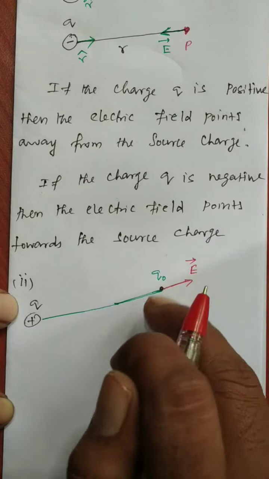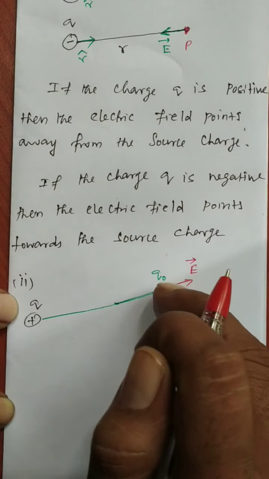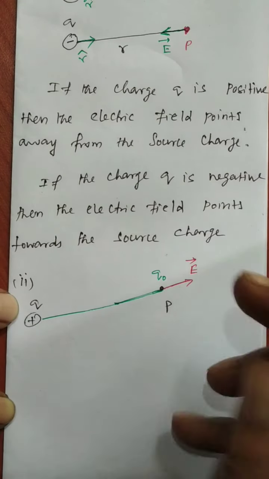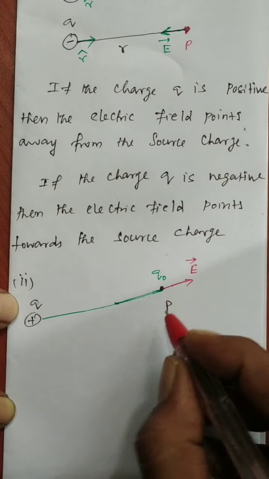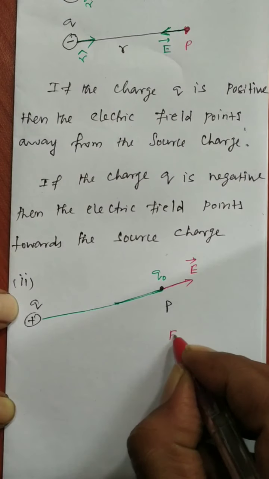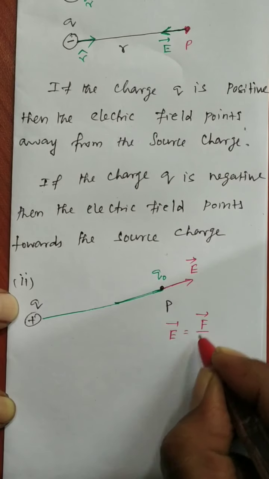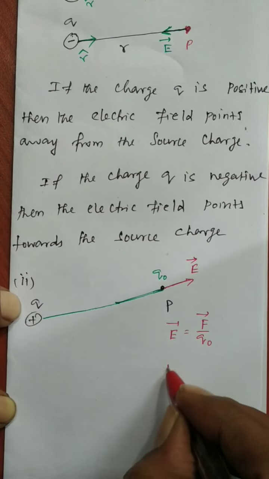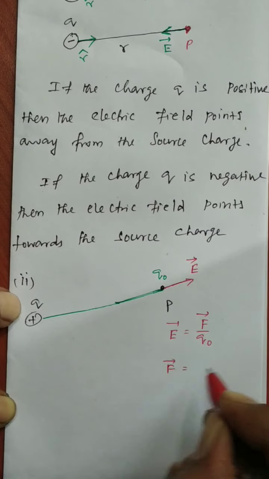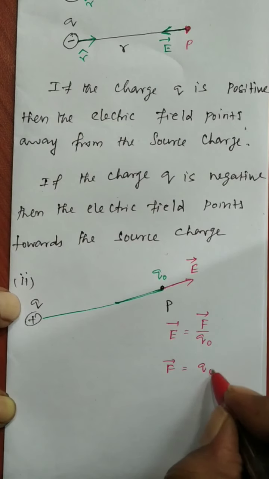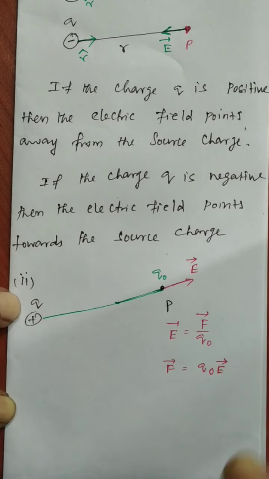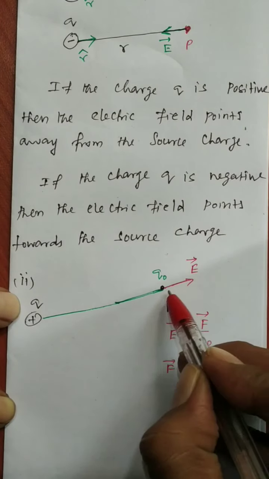The force acting at this point P: we know E is equal to F vector by Q naught, so we can write F vector is equal to Q naught E vector, which is acting away in this direction.